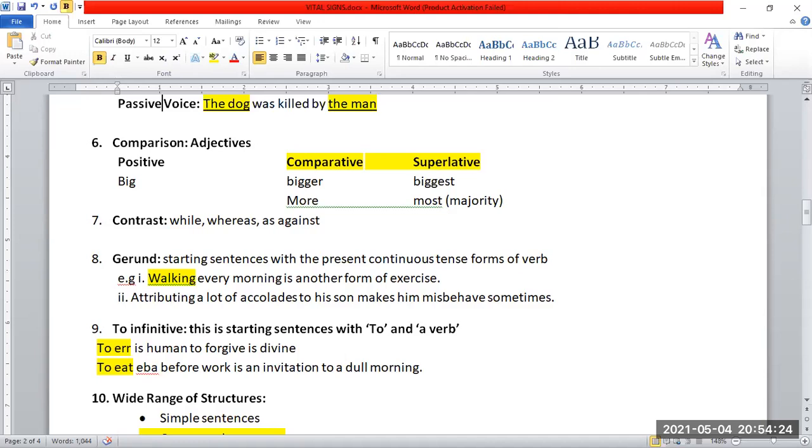Comparison is when you compare the same attribute between two or more people. But contrast indicates what one has and what the other does not have.